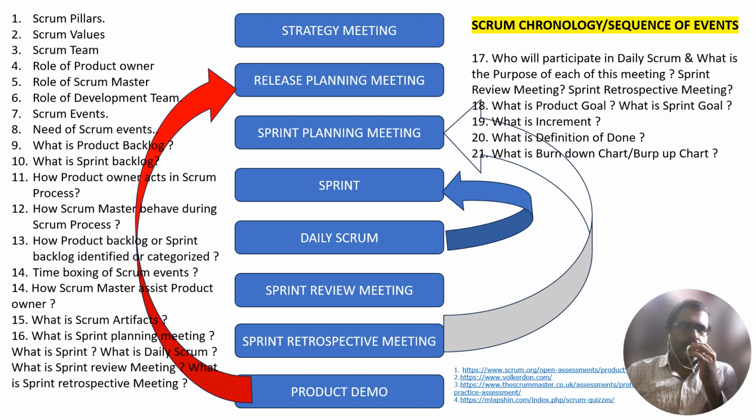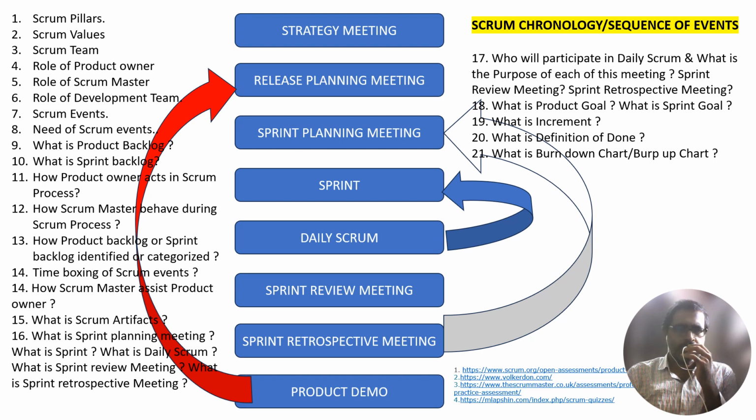In my first video we saw different aspects of Agile, right? We saw what is Agile, why we need Agile, the importance of Agile, the need for Agile, Agile characteristics, and Agile myths.